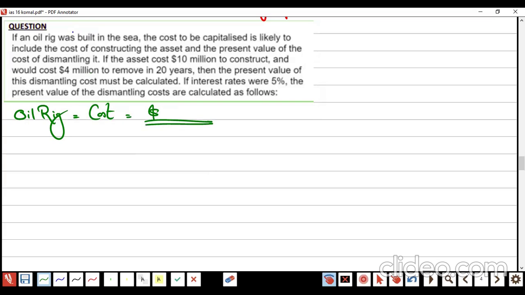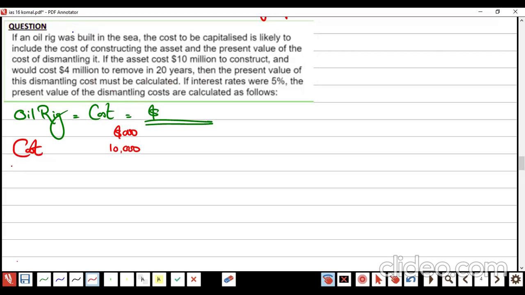We know that the cost can be calculated as follows. You will take the cost of the asset, which is how much? 10 million now. Our rule is three zeros. So like this. No discount, no trade discount, nothing, no drama, no film Hindi, no Shah Rukh Khan, no capital expense, no Salman Khan.